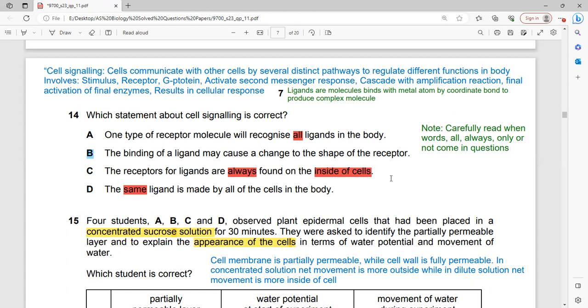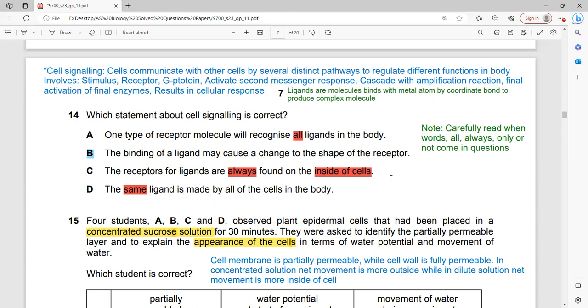Now here, we have the ligands, or molecules which bind with a metal atom by a coordinate bond. This is the coordinate or dative bond, in which one pair of electrons is shared by one atom to the metal. So here, which statement about cell signaling is correct?